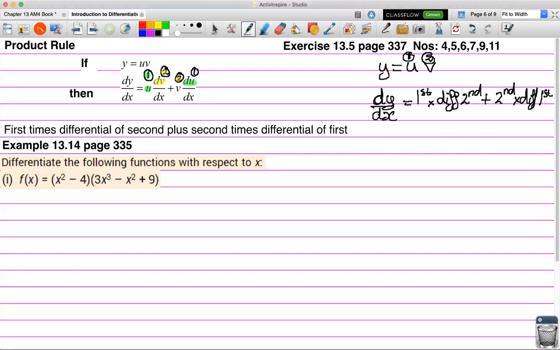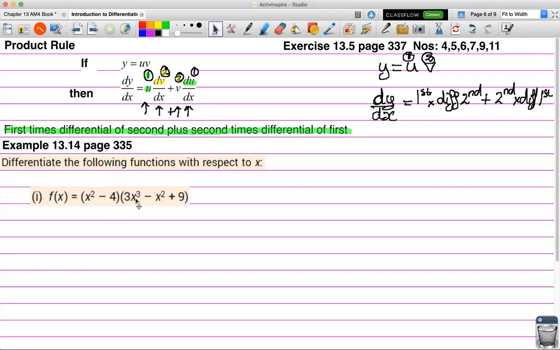And there below you will see written in words, and what I would like you to do is not necessarily learn this, but be able to translate it from the diagram above. The first times the differential of v, the second, plus the second function, which is the v, times the differential of the first. Now, what we're going to do is we're going to see it in practice.